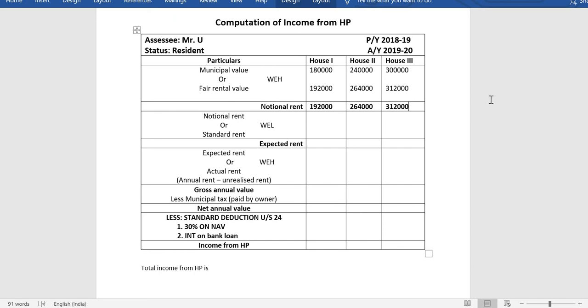So this is the notional rent. Now, notional rent or standard rent, whichever is less. I just copy the same amount for the notional rent. Notional rent or standard rent.